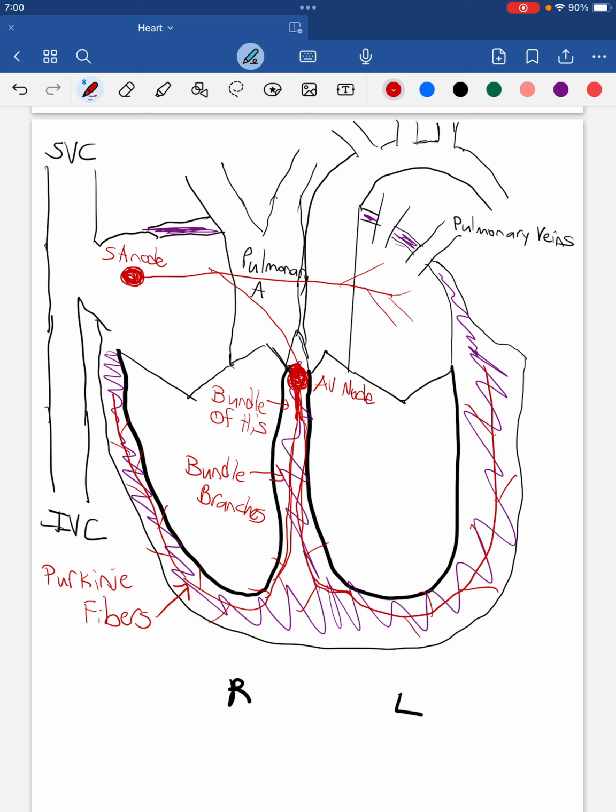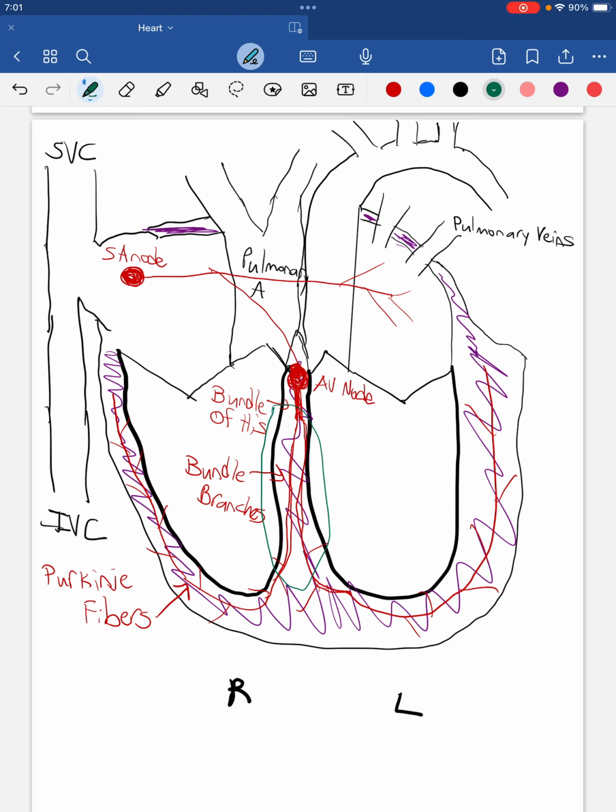Just another note here, over here, this is the interventricular septum, so that's where, from the AV node, the electrical impulse is passed down through this interventricular septum.